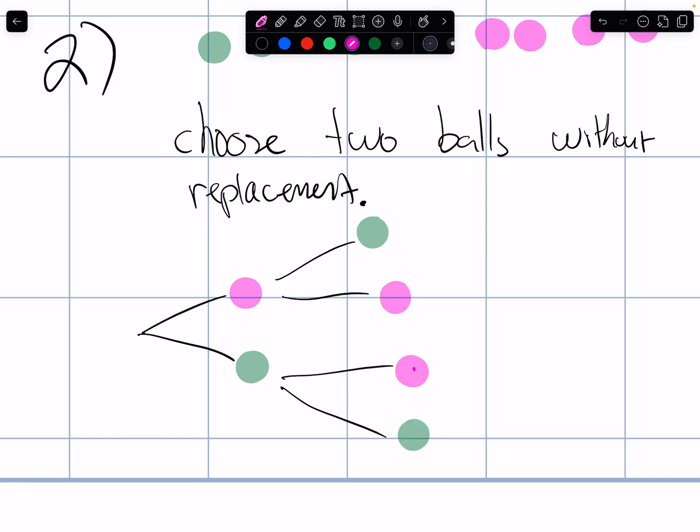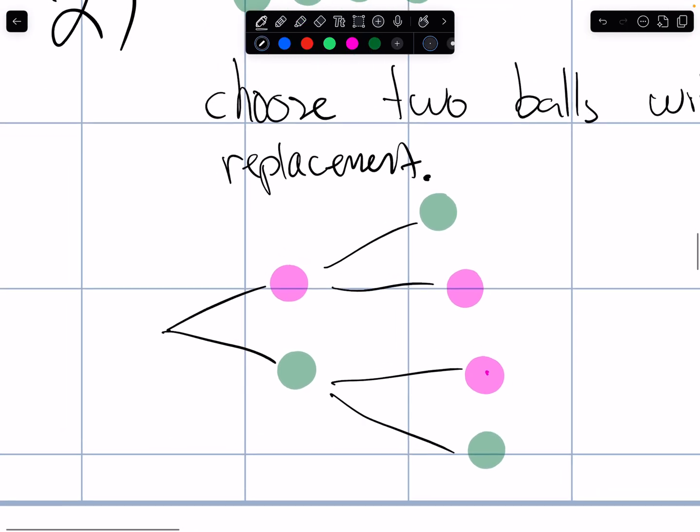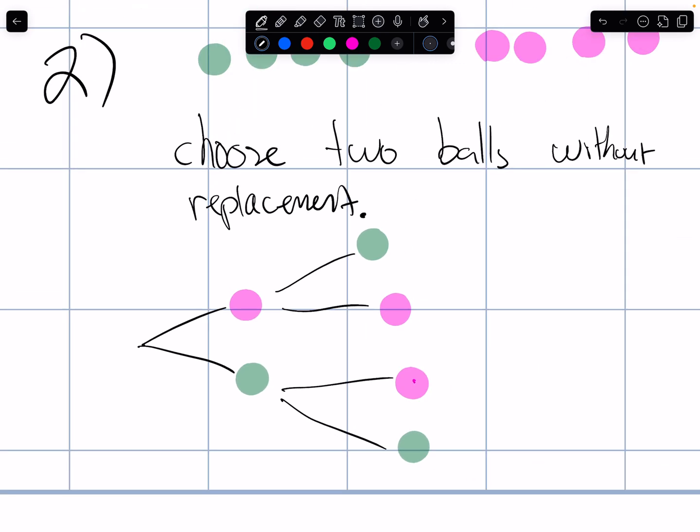So let's have a look at this. In my first selection, I have 4 pinks and I have 4 greens. So my probability of choosing a pink is 4/8. Now, I'm going to leave this in this format. We could simplify it down to a half, but just for this purpose, I'm going to leave it as 4/8.